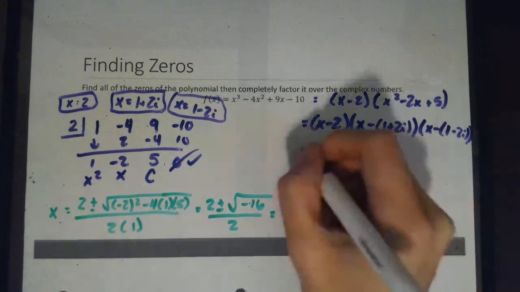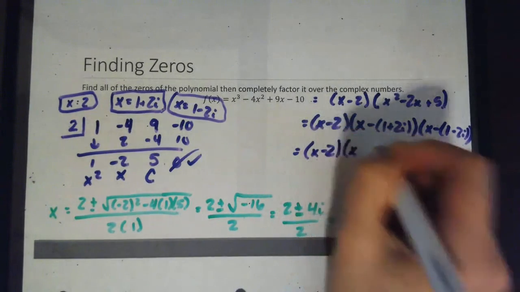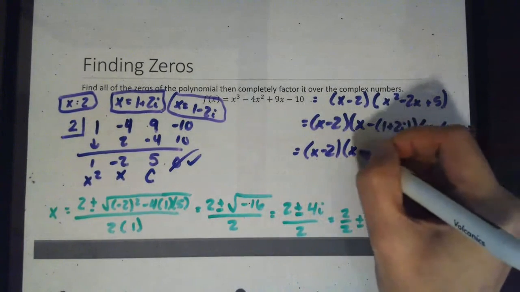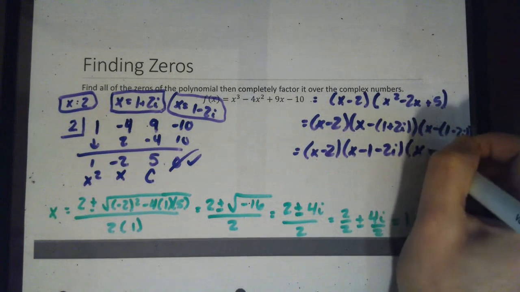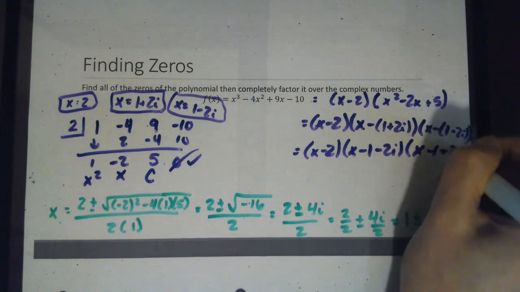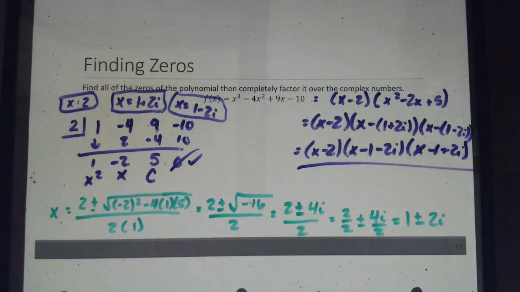We are going to have to distribute. So this factors into x minus 2 times x minus (1 minus 2i) times x minus (1 plus 2i). That is the factored form of our polynomial, and our zeros are x equals 2, x equals 1 plus 2i, and x equals 1 minus 2i.